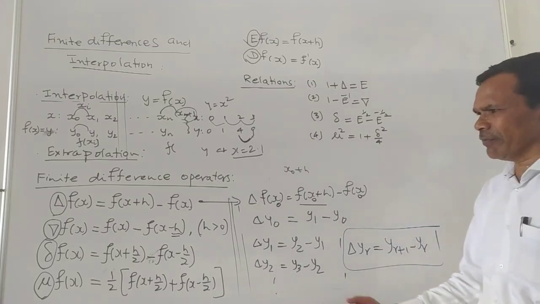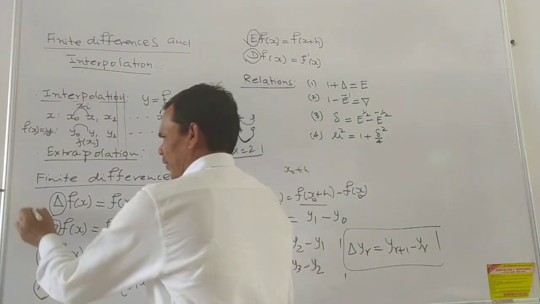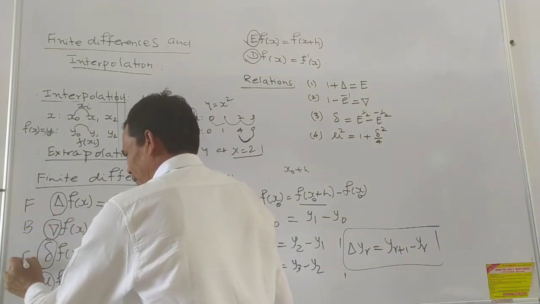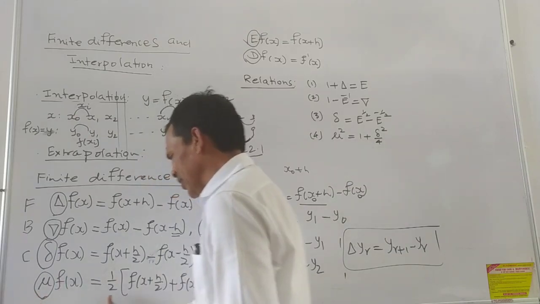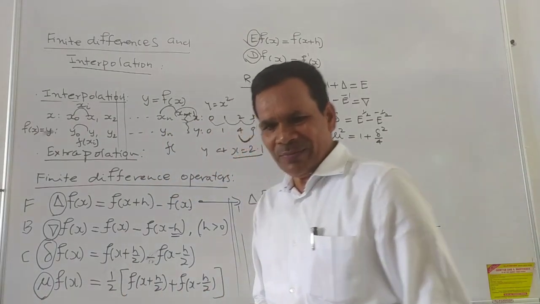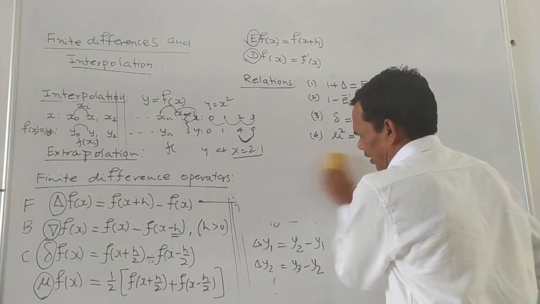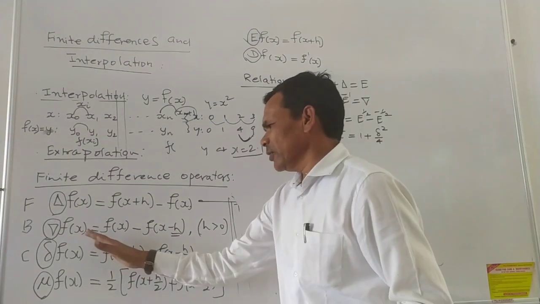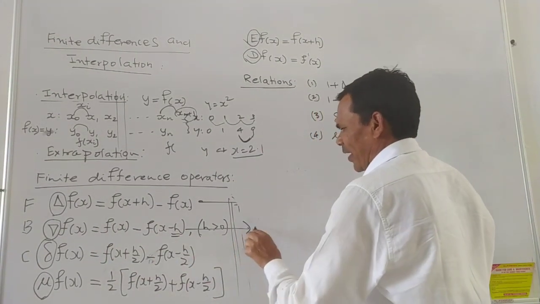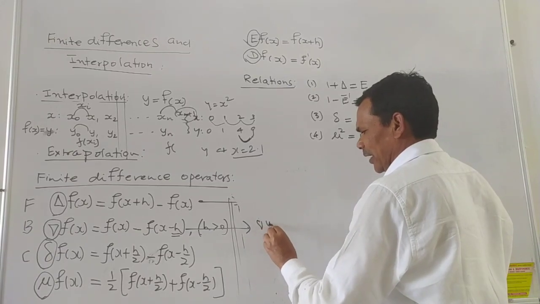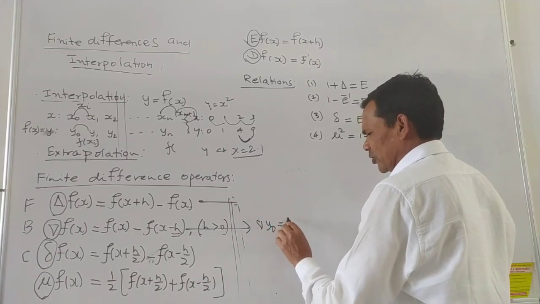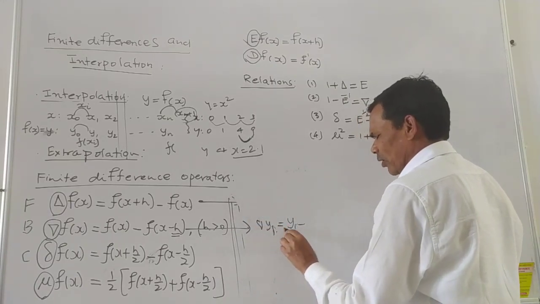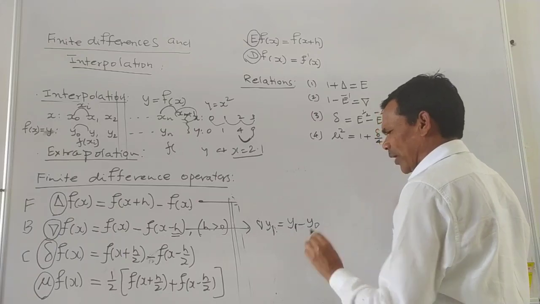Similarly, you have the backward difference operator. This is the forward difference operator, this is the backward difference operator, this is the central difference operator, and this is the averaging operator. Averaging means an average is taken. You can also have higher order operations of these. The backward difference can be defined in terms of y: del y1 is equal to y1 minus y0.